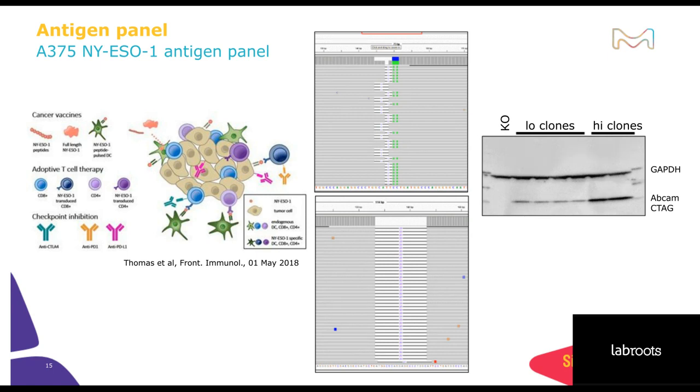So instead of using a flow cytometry phenotyping assay, we decided to use a Western blotting assay so that we could see all of the peptide that was potentially expressed within the cell. And you can clearly see that our knockout cell line in the first lane does not express any CTAG gene product. And in this case, we were able to find both low expressing clones and high expressing clones.